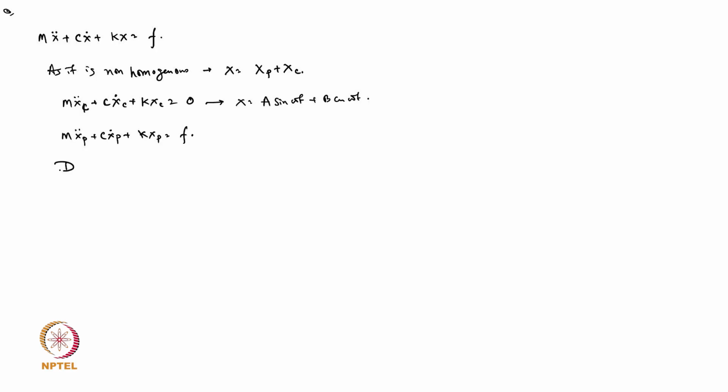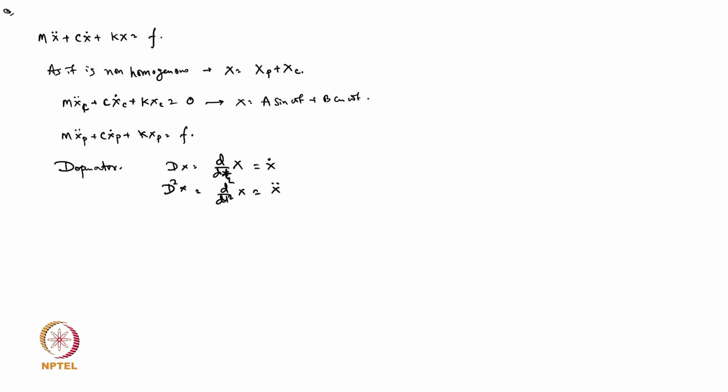In case of the D operator, D of x is nothing but d/dt of x, that is equal to x dot. So D squared x will be equal to x double dot.